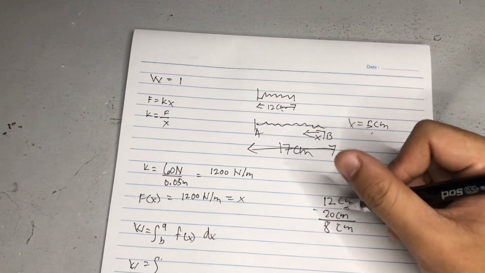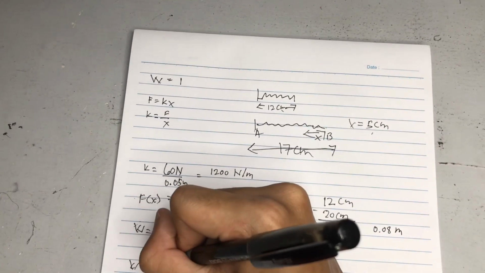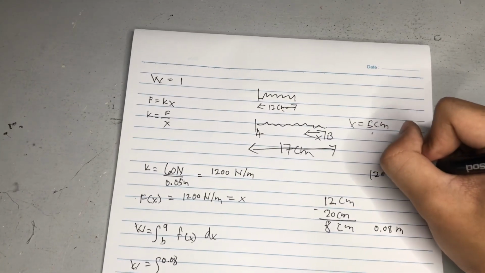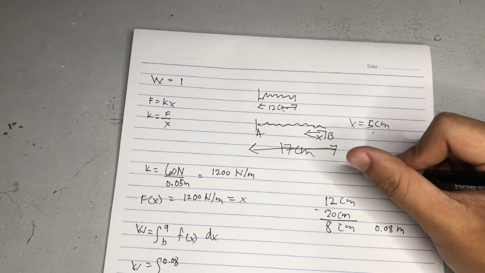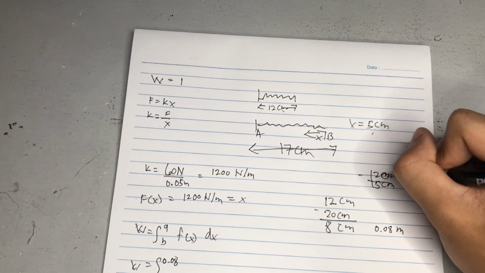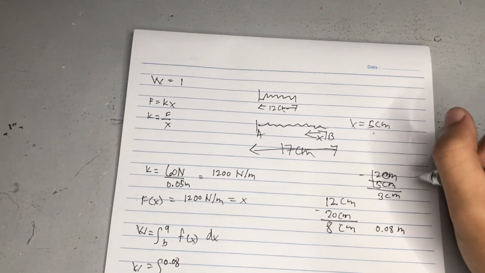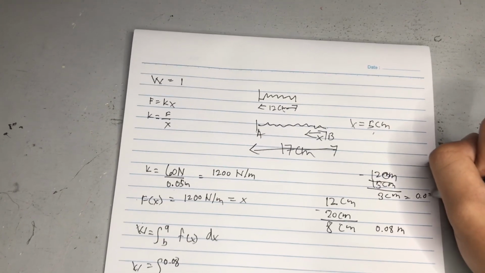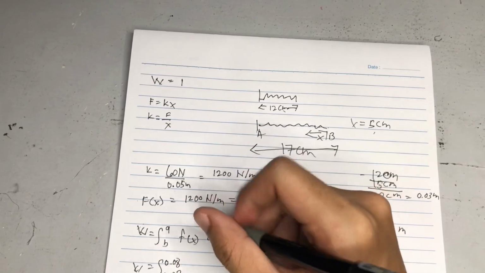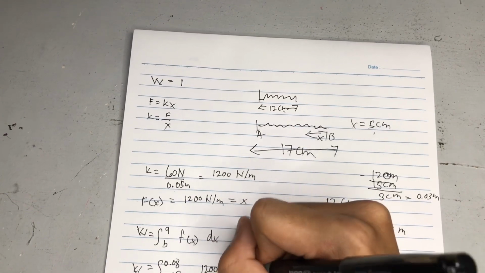I-convert natin siya sa meter, which is magiging 0.08 meter. Ito yung nasa taas. Tapos yung isa naman, 15 centimeter minus 12 is equals to 3 centimeter. Convert rin natin ulit siya sa meter, which is 0.03 meter. Ito naman sa baba natin. So yung F(x) natin is yung 1,200 x dx.